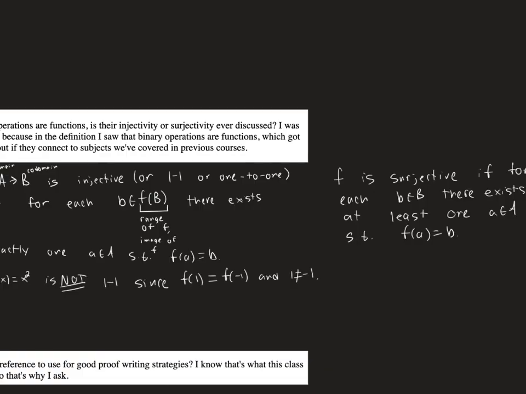So yeah, binary operations are functions. We can think about some of the group structures using injectivity and surjectivity, because there are these things called group actions. I don't want to talk about that. Let me say short answer, yes.